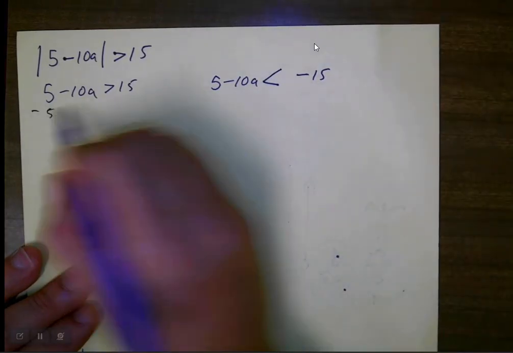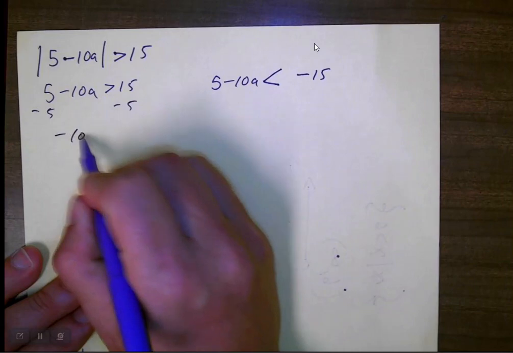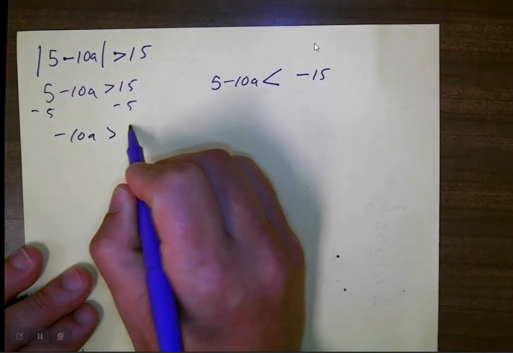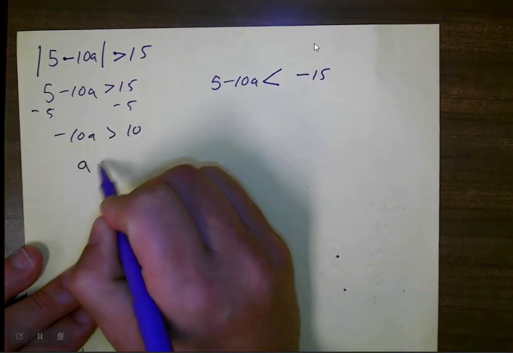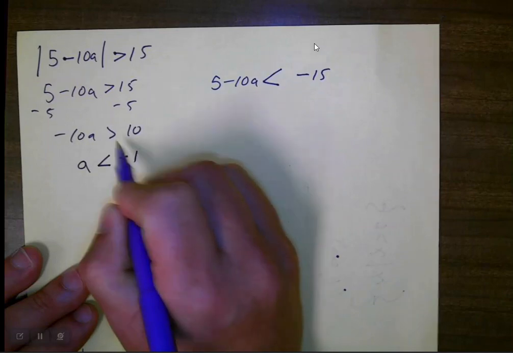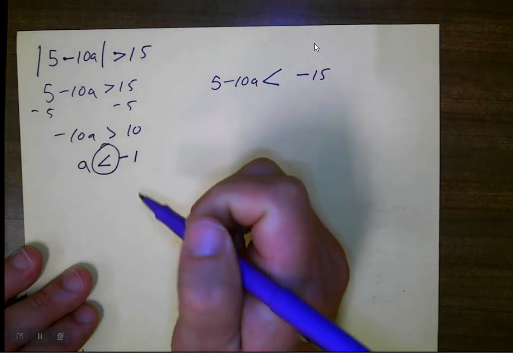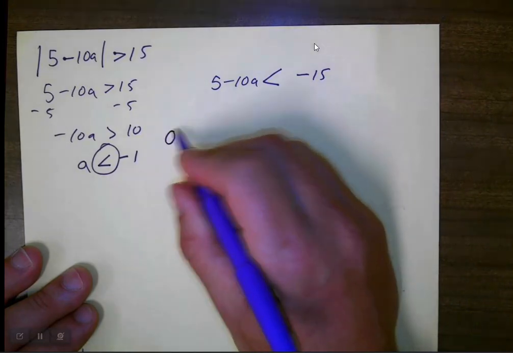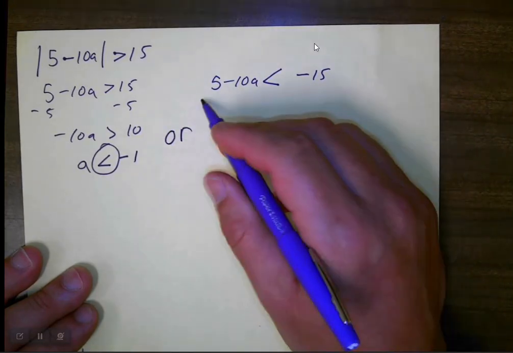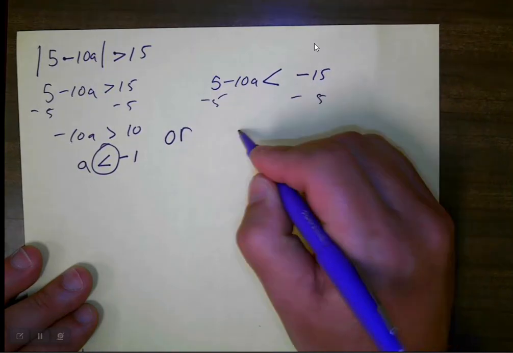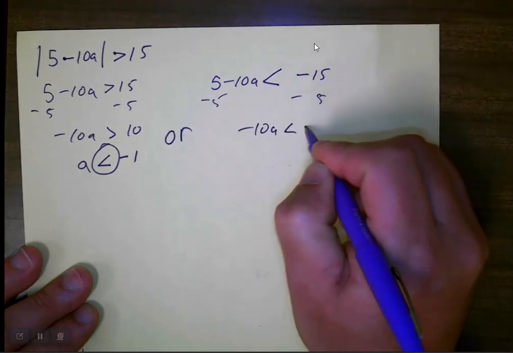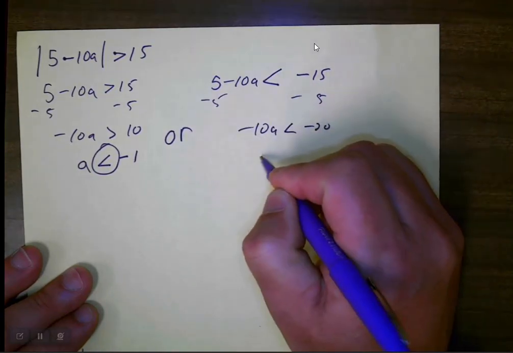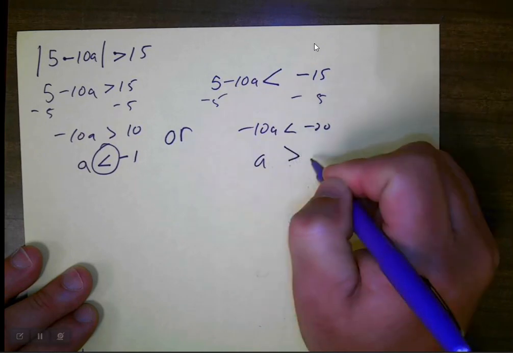So you subtract 5, you get negative 10a is greater than 10. a is less than negative 1, because remember you divided by a negative. And then you're going to say or, and then you subtract 5 and you subtract 5 and you get negative 10a is less than negative 20, and you got a is greater than 2.